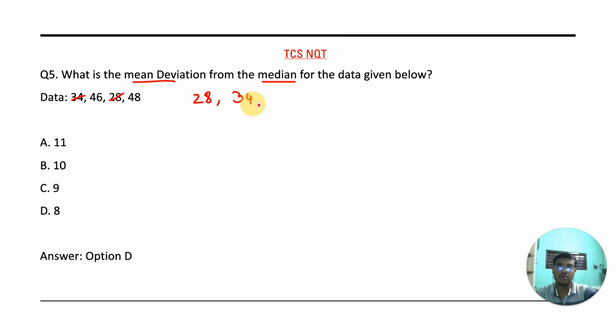First is 24, then 28, 34, 46, then we have 48. So median is the middle point, which would come out to be the middle of 34 and 46, which can be calculated as 34 plus 46 by 2, which would come out to be 40.